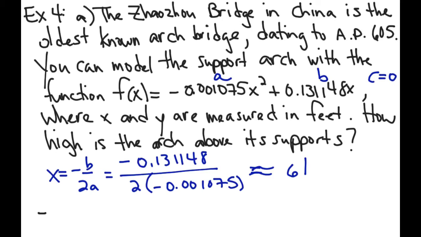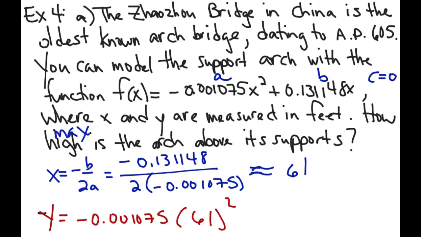Now that we know x, we're going to find y for the vertex, because the y value of the vertex is going to tell me the maximum, because that's what we're looking for. So y is going to equal -0.001075 times 61 squared plus 0.131148 times 61.